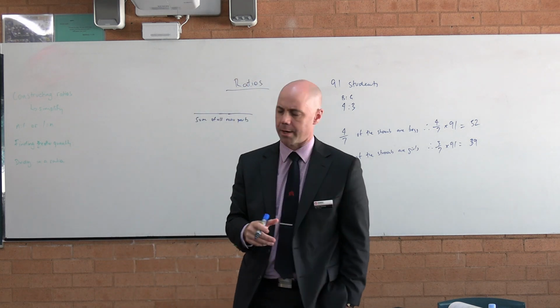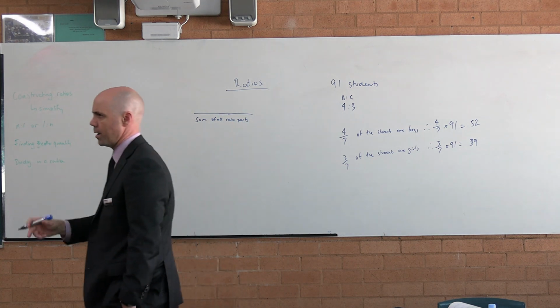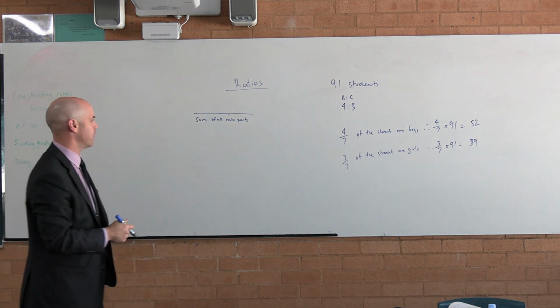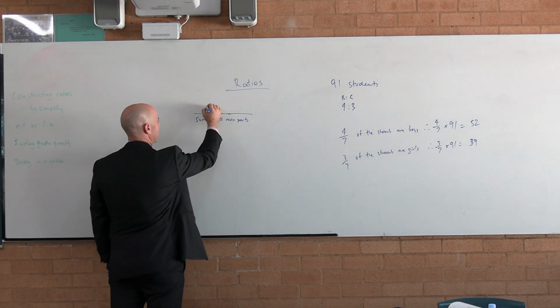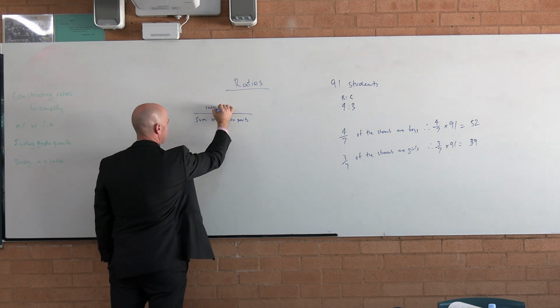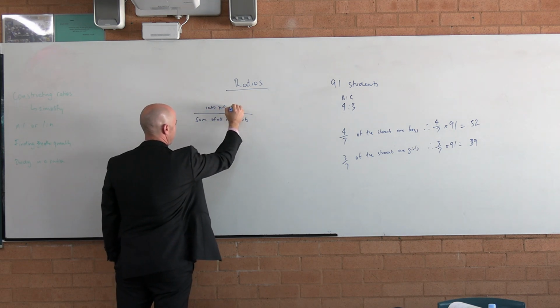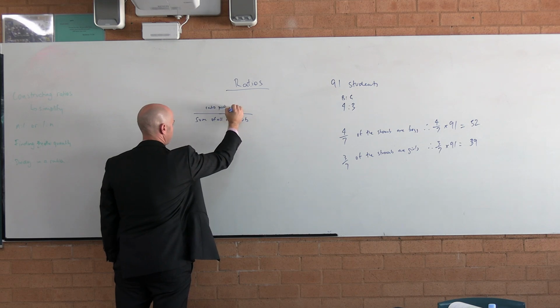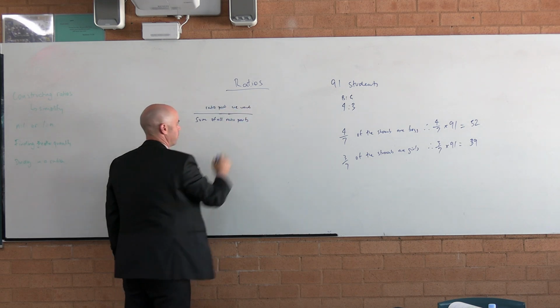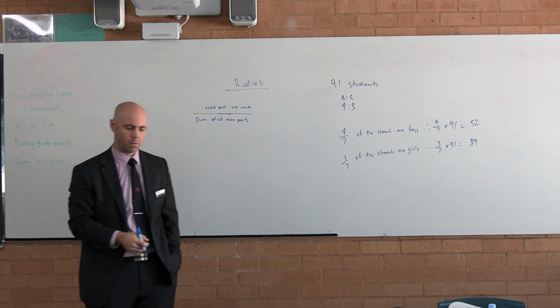In the bottom line of the fraction is the sum of all the ratio parts, and in the top line of the fraction is the ratio part we want to know.